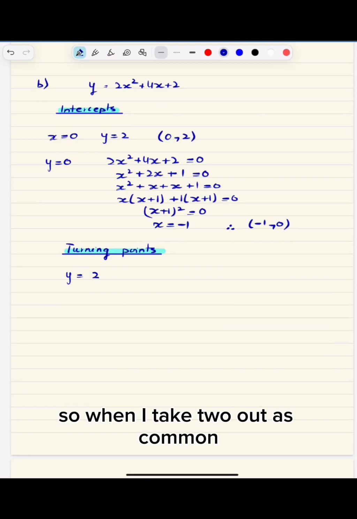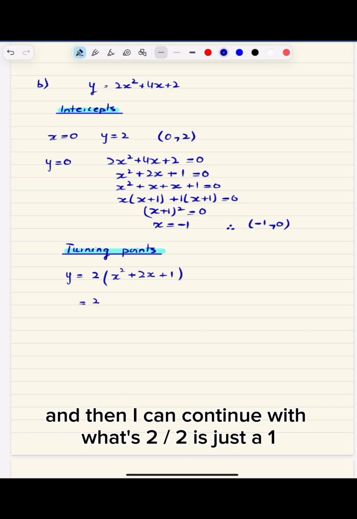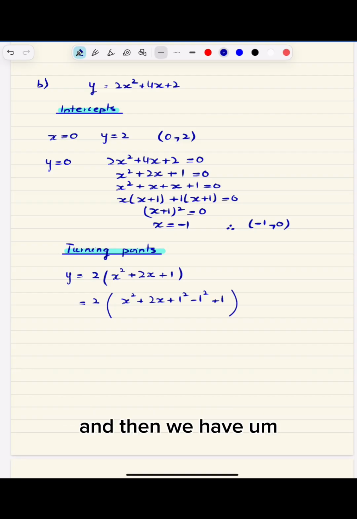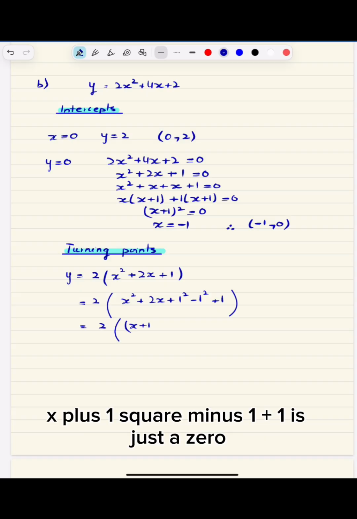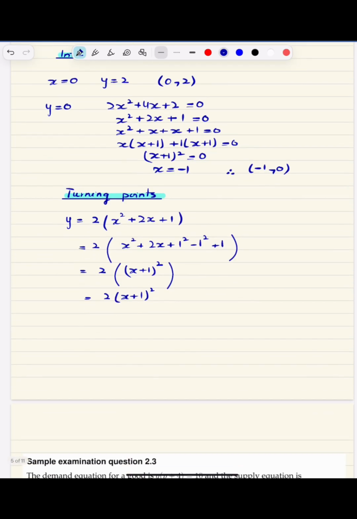When I take 2 out as common, I have x squared plus 2x plus 1, and then 2 divided by 2 is 1, so 1 squared minus 1 squared plus 1, and then we have (x plus 1) squared minus 1 plus 1 is 0, and therefore we have 2(x plus 1) squared.